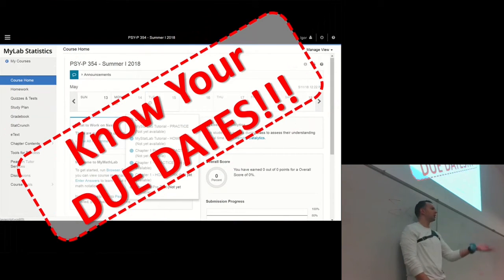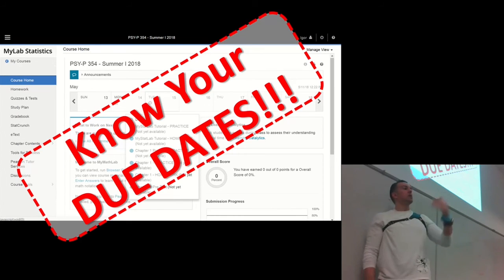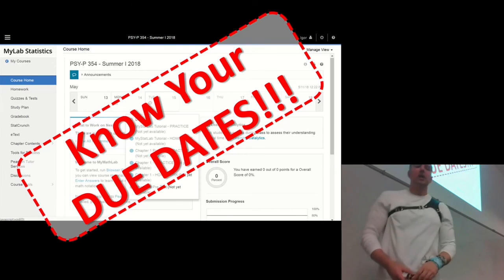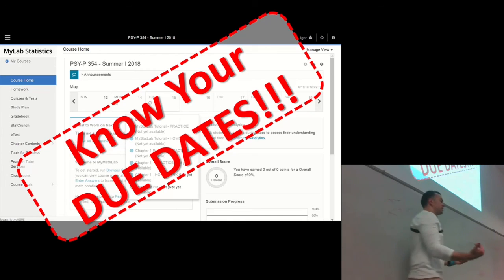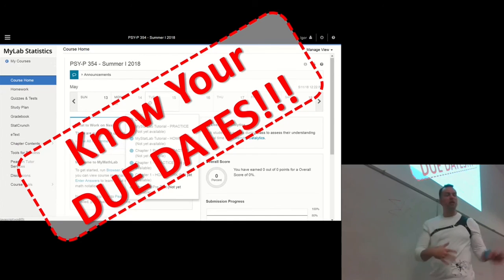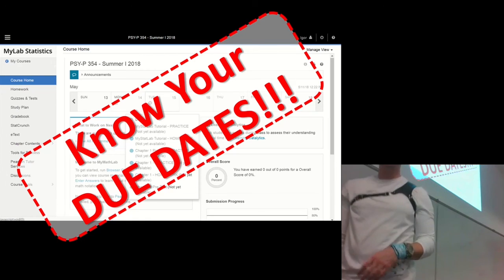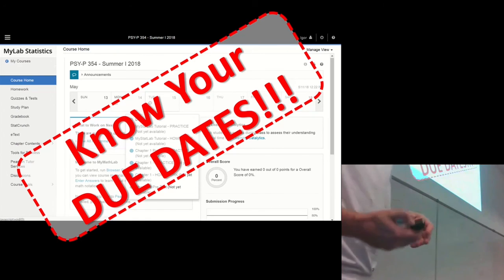It's your responsibility to know your due dates. This automated system will grade your scores right at the due date, so stay on top of those. Summer session moves quick. I teach the stats course during the summer because I've been highly successful teaching it during the summer, but just know it moves quick. Know your due dates and stay on top of those.